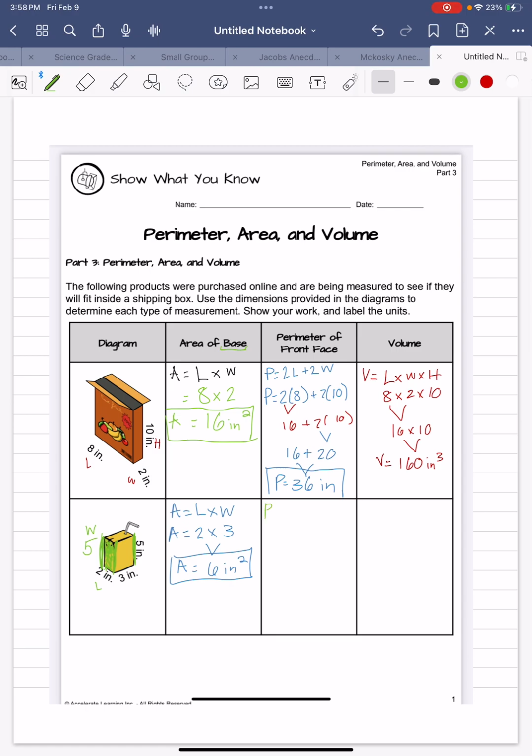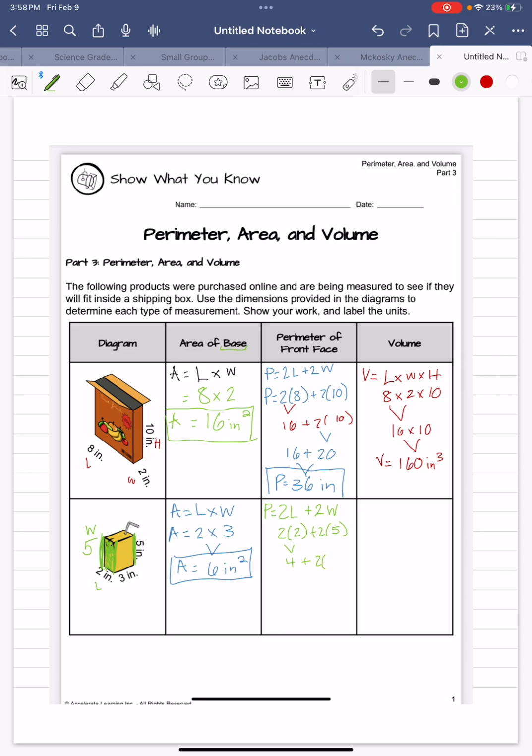Then from there, I write my formula of P equals 2 times L plus 2 times W. And then I'm going to plug and chug. So I'm going to write 2 times 2 for length plus 2 times 5 for width. And I'm going to solve left to right. 2 times 2 is first. We get 4.